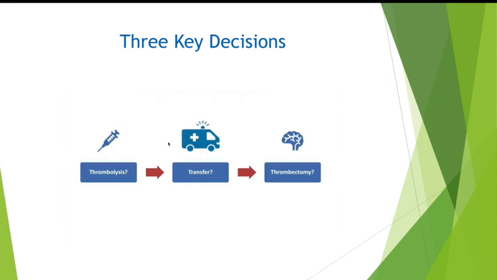In the meanwhile, the nurse is busy passing an IV line and taking bloods. So the bloods have been taken, the history or handover has been taken, and NIHSS has been performed. Immediately after that, the patient is rushed to the CT scanner.